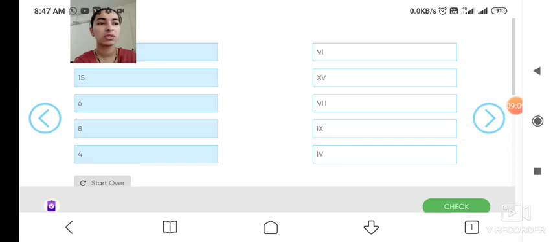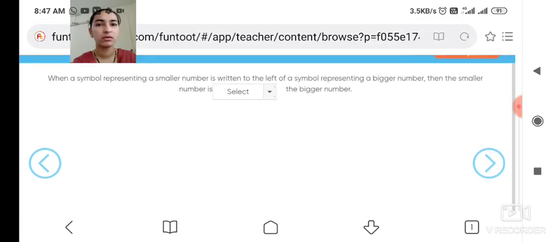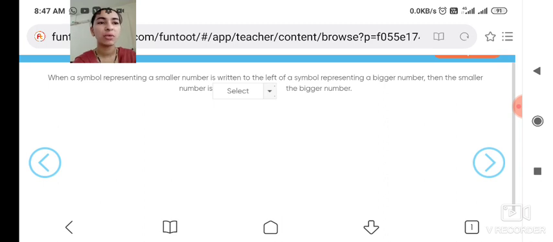The next question is: when a symbol representing a smaller number is written to the left of a symbol representing a bigger number, then the smaller number is dash the bigger number. Okay, understand the question.